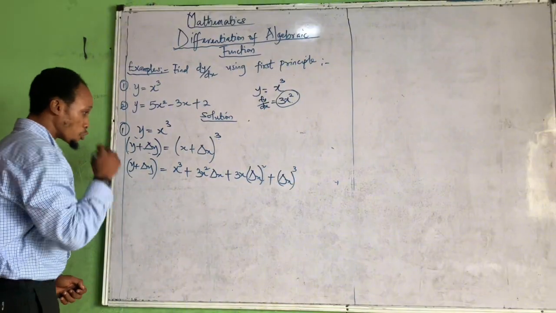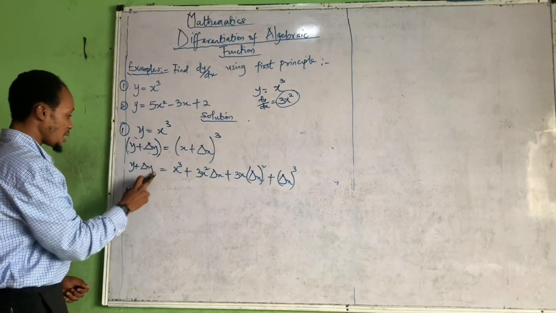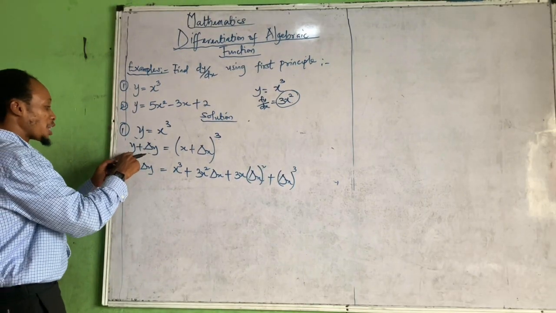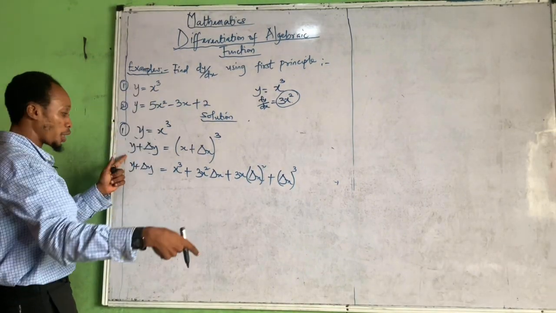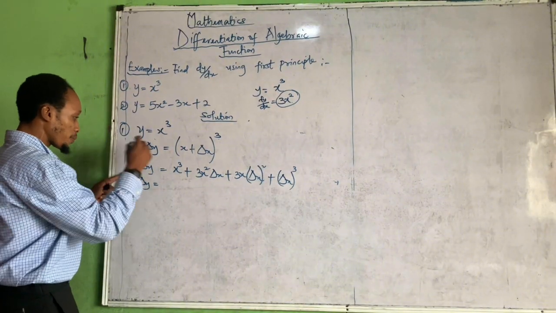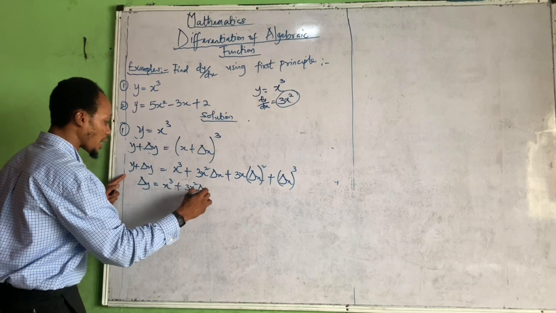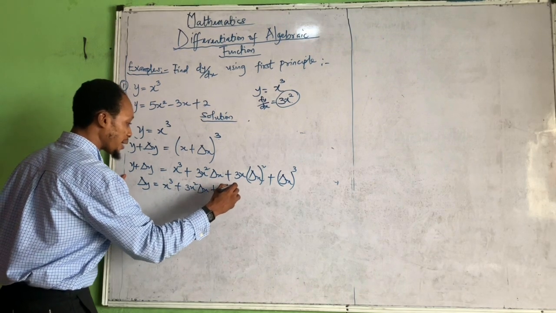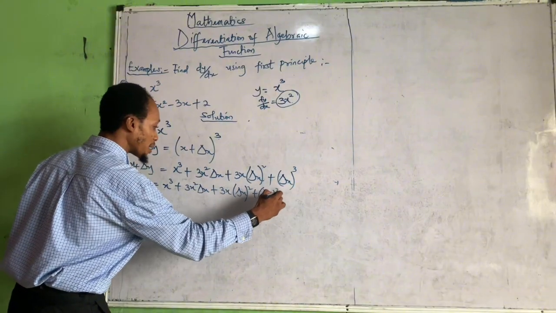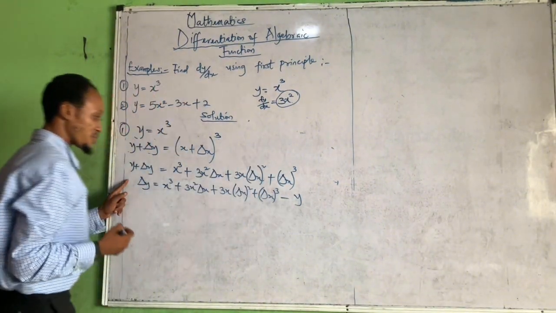Now we are not having brackets here anymore. The next thing is to transfer y to the other side to make delta y stand alone. So we have delta y equals x raised to the power 3 plus 3x squared delta x plus 3x delta x squared plus delta x all raised to the power 3 minus y, since y is crossing to this place.